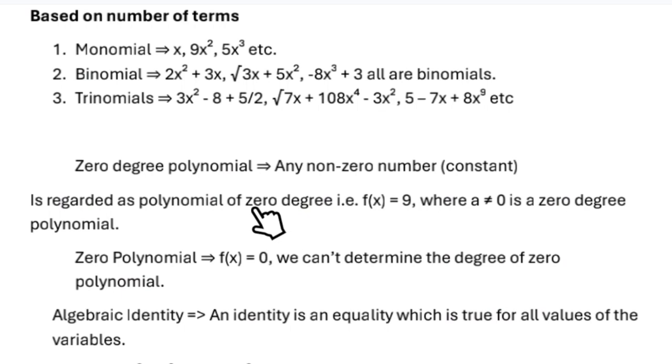So only the numerical value, f(x) equal to 9, so this polynomial is called a 0 degree polynomial.